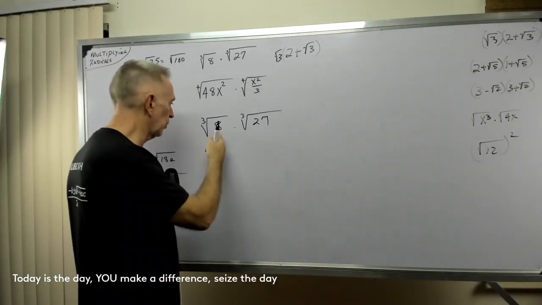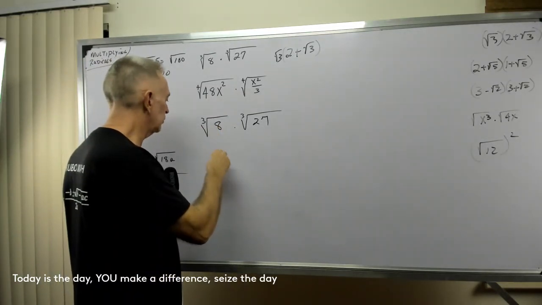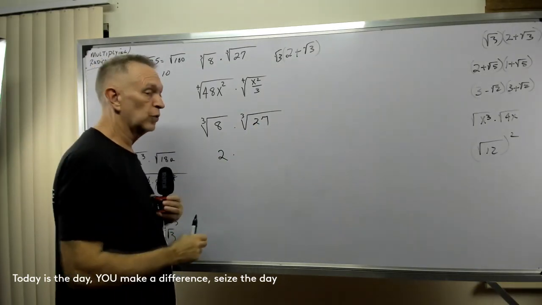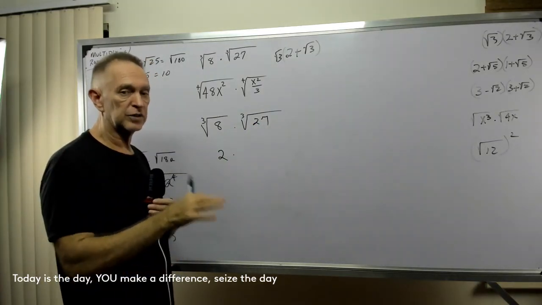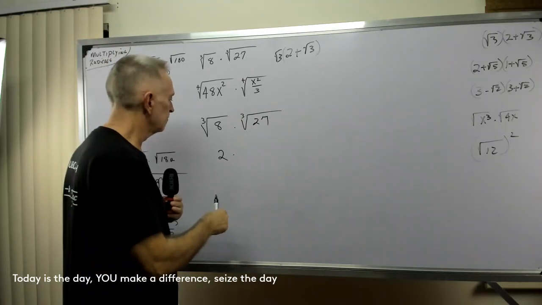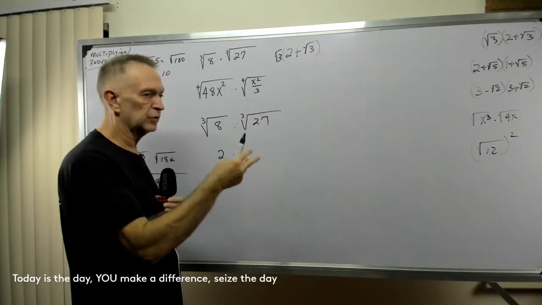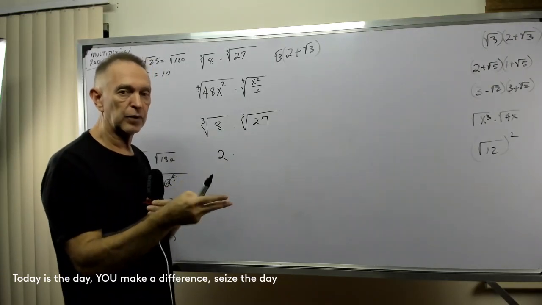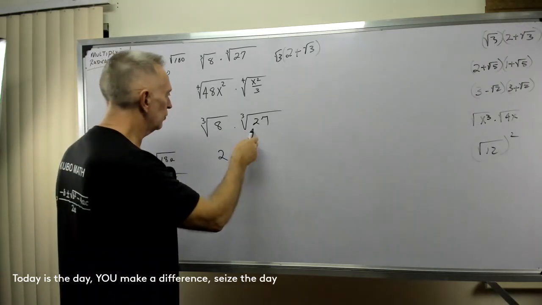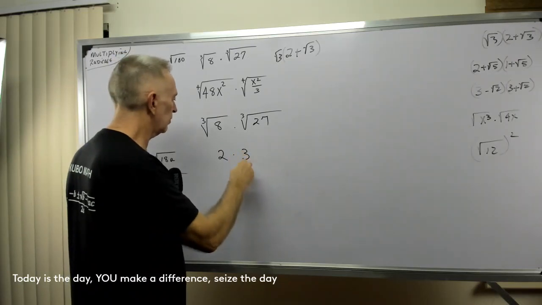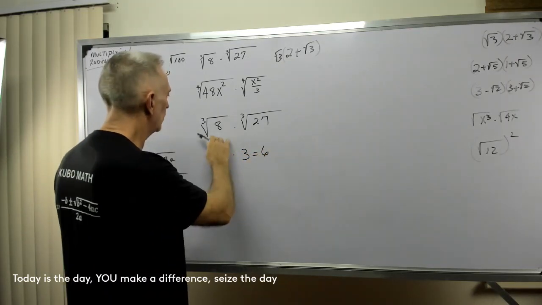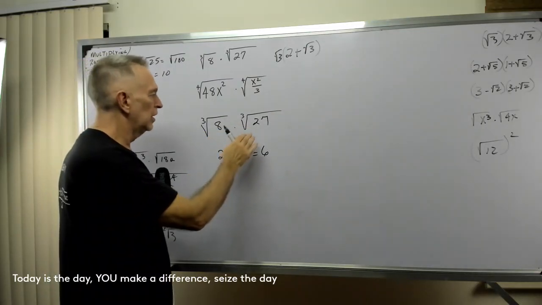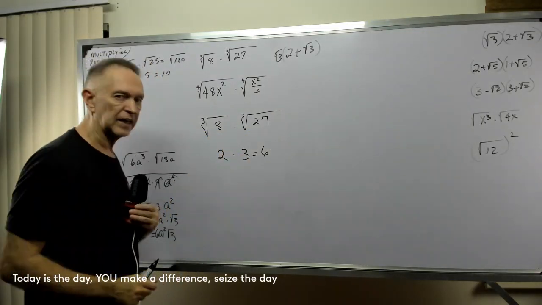So the cube root of 8 is 2. What's the cube root of 27? Well, that's 3 times 3 times 3. 3 times 3 is 9. 9 times 3 is 27. So the cube root of 27 is 3. So if I multiply the cube root of 8 times the cube root of 27, the answer is 6.